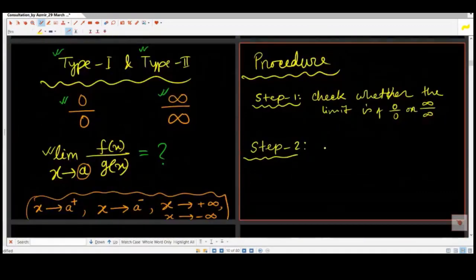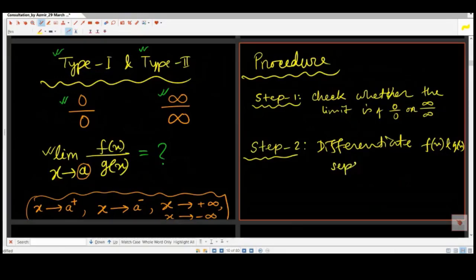That means we have to differentiate f of x and g of x separately at the same time. Then we will have f prime of x and g prime of x. This is step 2.